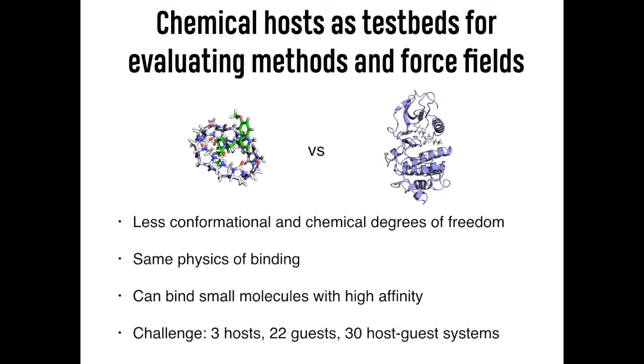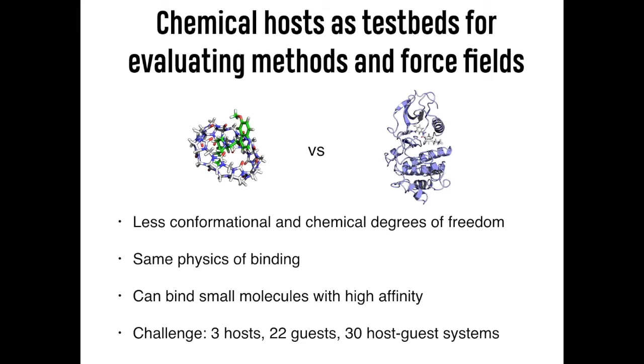For proteins, there can be multiple protonation states that can affect the binding process, while host guest systems have fewer protonation states available, and also they have the advantage that experiments can be done at pH that are very far from physiological pH, and so we can actually move the equilibrium towards more unambiguous protonation states.